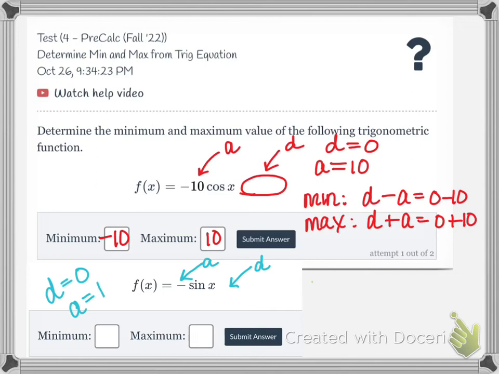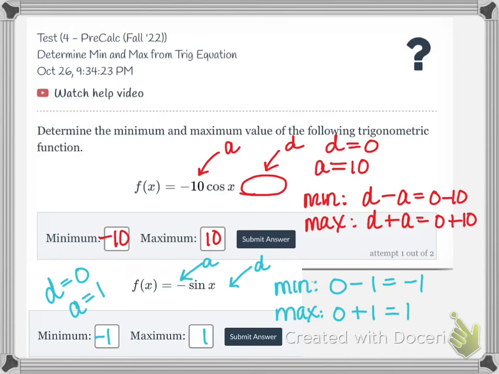So when it's blank, it's a 1 for A. So again, minimum, you start with D and subtract your A, so -1. For maximum, you start with your D and add your A. So the highest Y value and the lowest Y value are 1 and -1.